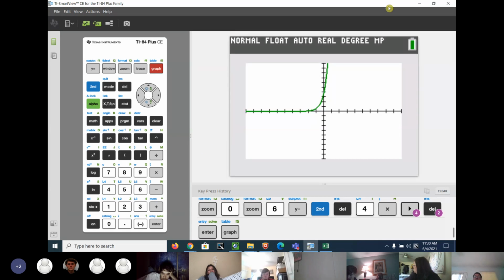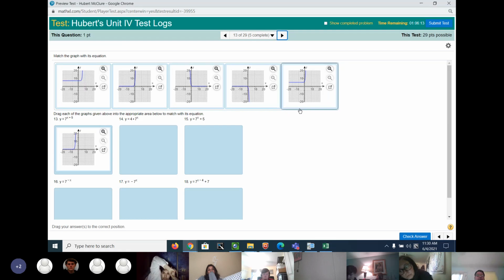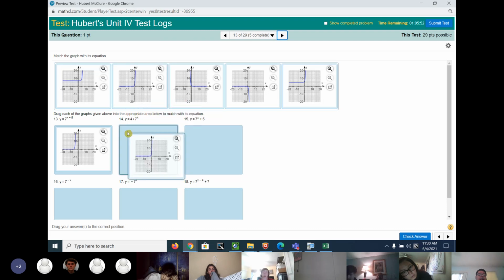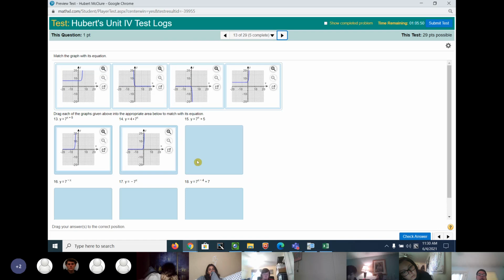So go back to the handy dandy question. Which one looks like it's crossing at 3 or 4? I believe it's that one. No, that looks like that one. Let's look back at it because no, it's that one. You got to put the cursor in the box before you hit the left button on your mouse.